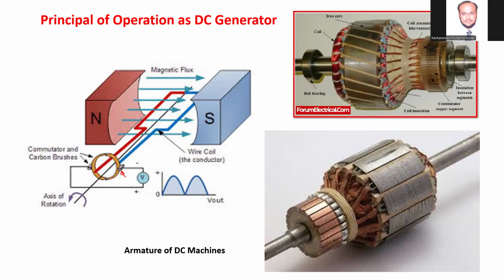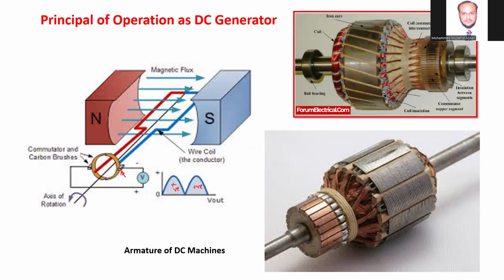This is the first half segment, this is the second half segment, and when it rotates, the current in the external circuit is only the positive half cycle. Therefore it is called a DC generator. So it is clear from the diagram.